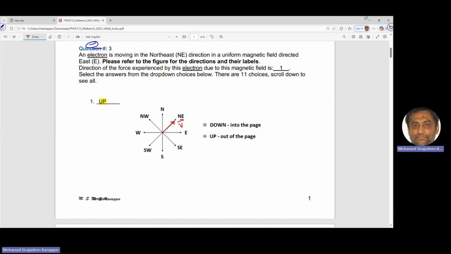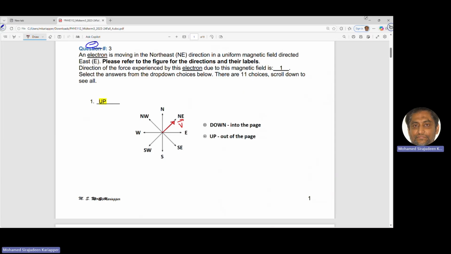Now, if this is the north-south, where is up and where is down? North is not up. North, south, east, west are all horizontal directions. They are never up. Up is this. Down is that.